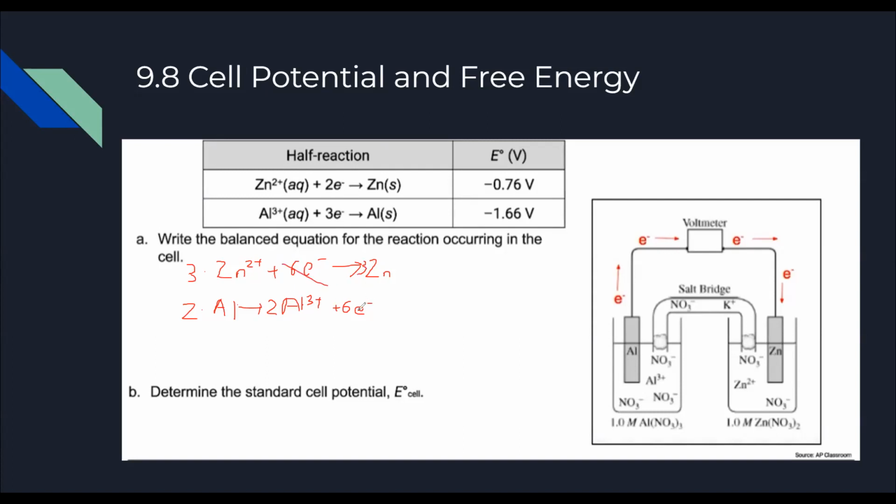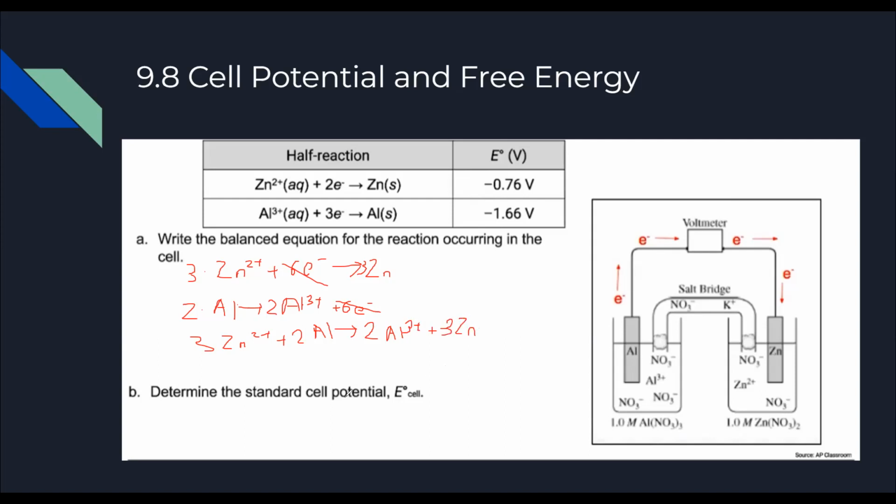So you can cancel out the electrons. So you have 3 Zn2+ plus 2 Al creates 2 Al3+ plus 3 Zn.